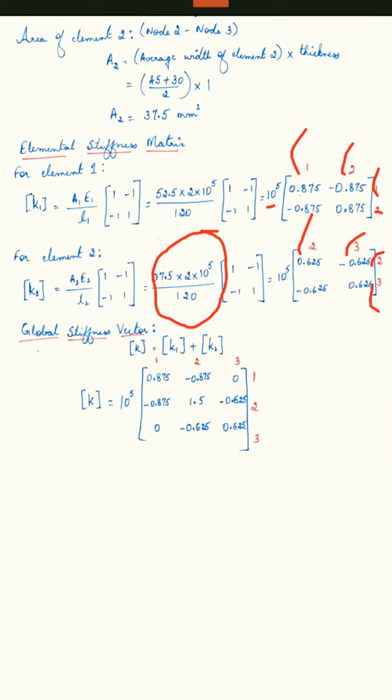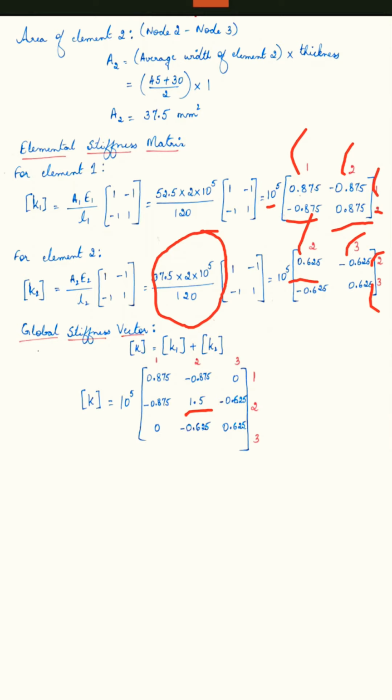Then first column second row, minus 0.875. Second column second row, there are two elements present: one element in the stiffness matrix of element 1 and the other in the stiffness matrix of element 2. So 0.875 plus 0.625 will give us 1.5 in the position second column and second row.